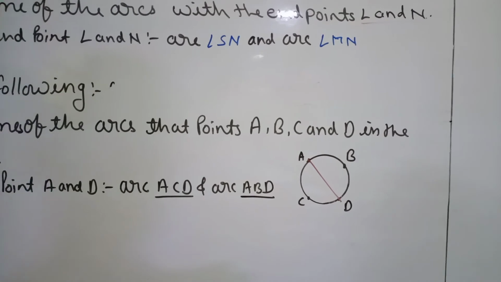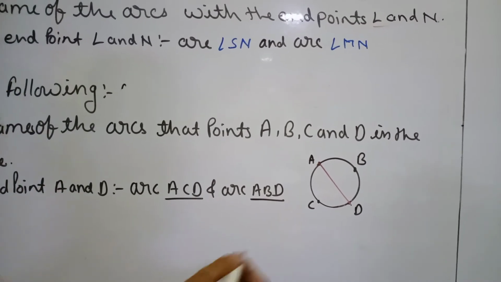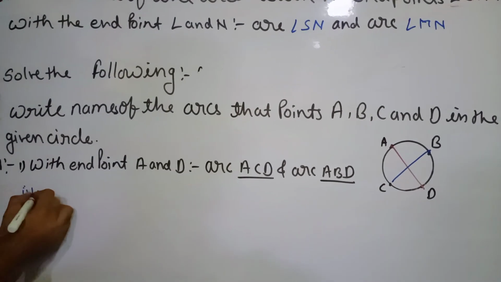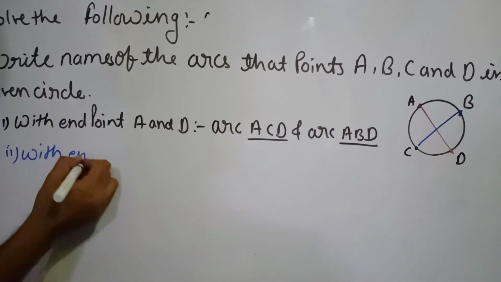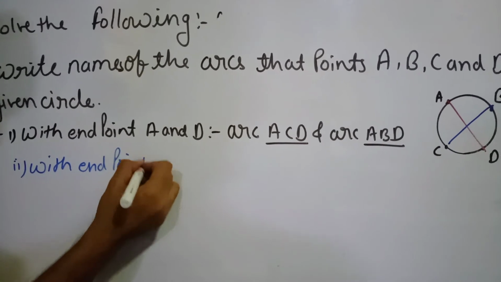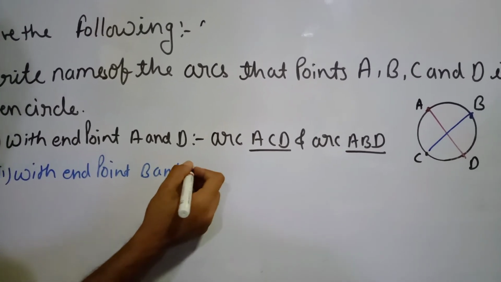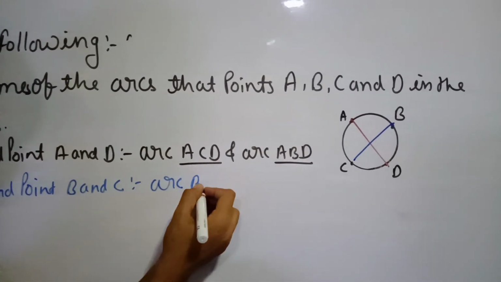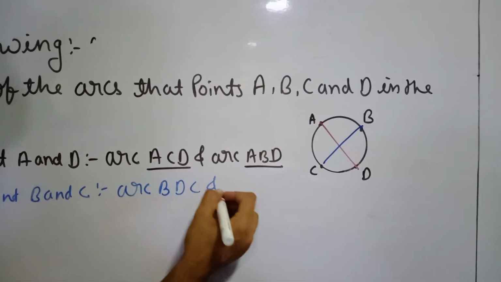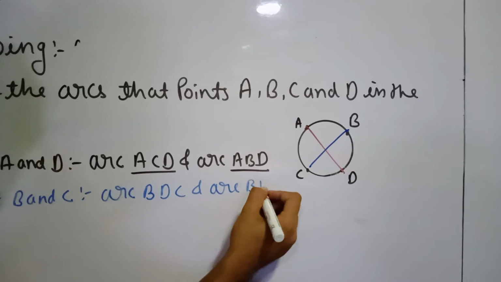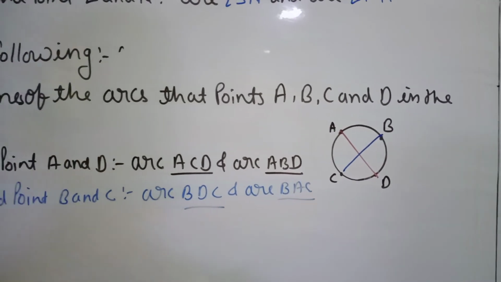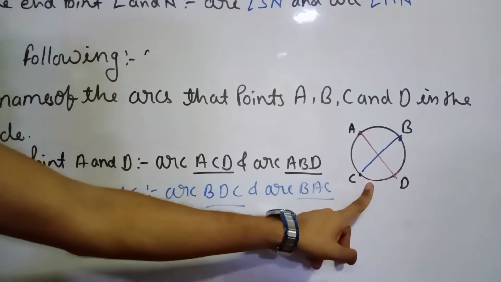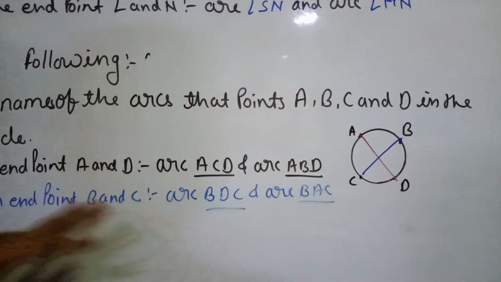These two arcs we are getting. If we take the endpoints B and C, with endpoints B and C we are getting arc BDC and arc BAC. These two arcs we are getting with the endpoints B and C. So this way we can write.